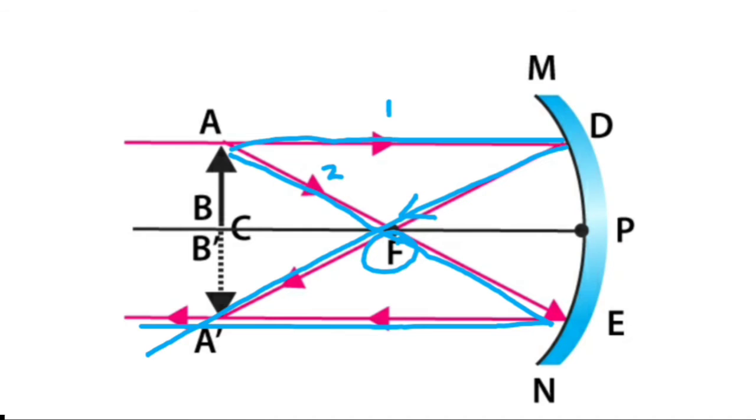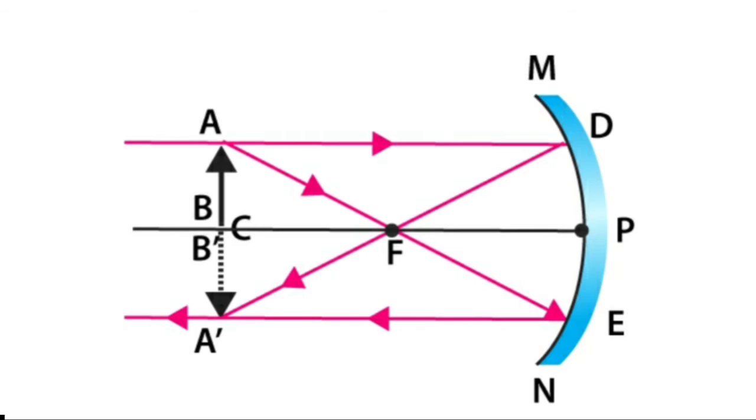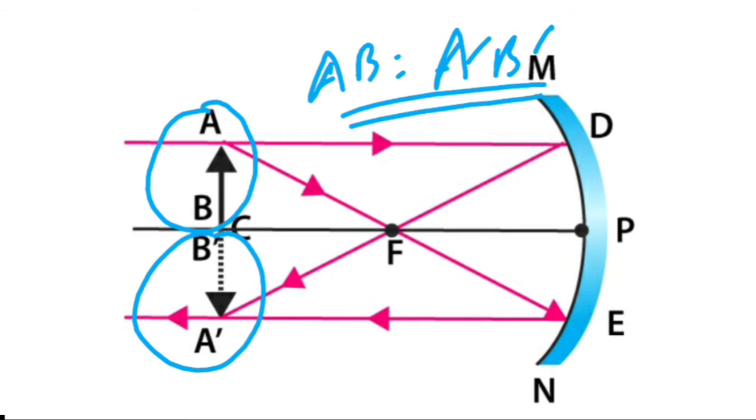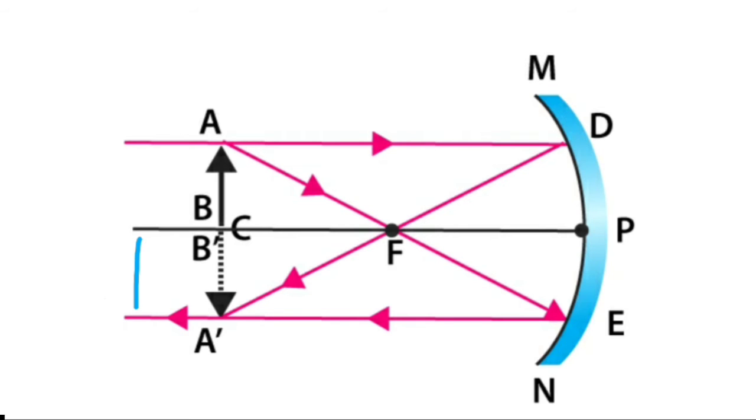If you look at the intersecting point, you will see that the sizes of the object and image are equal, AB equals A dash B dash. It is also inverted, in the downward direction. Real and inverted, and also equal size. Remember this.